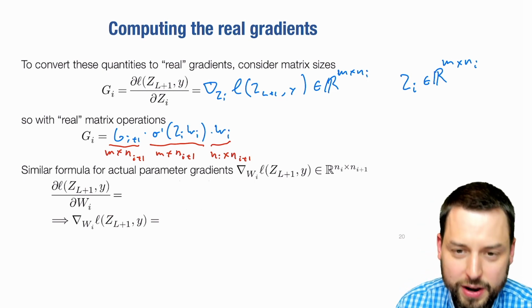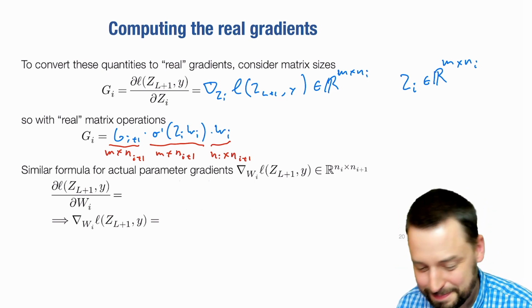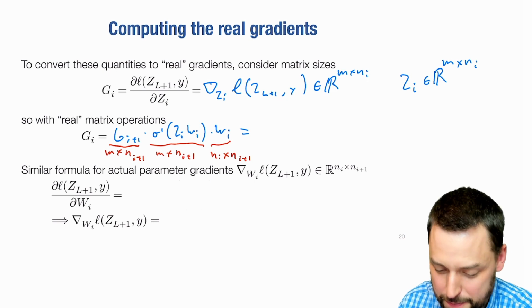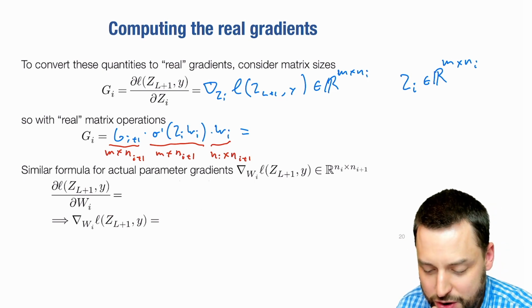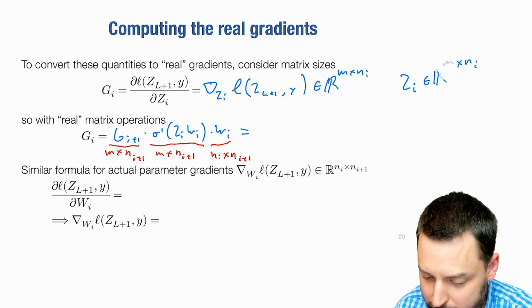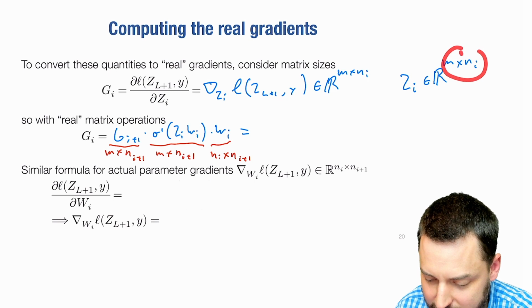Okay, so again, deep breath, hopefully not sweating too much as we go through all of this. How do we make these fit? We know we want our final thing to be some m-dimensional thing by n_i.